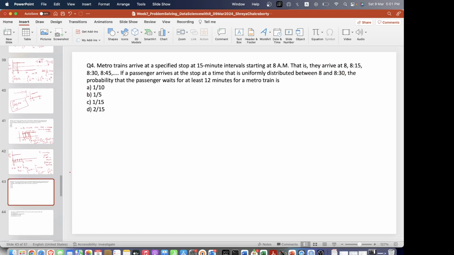Okay. So here again we have the same question, but now the question is, find the probability that the passenger waits for at least 12 minutes for a metro train. So here again, this is 0 to 30. He has to wait for at least 12 minutes.